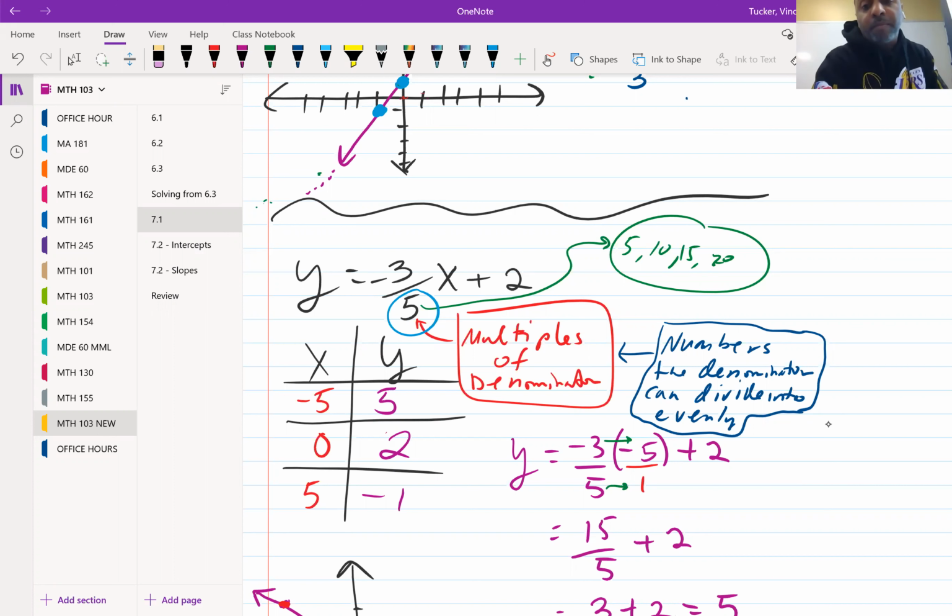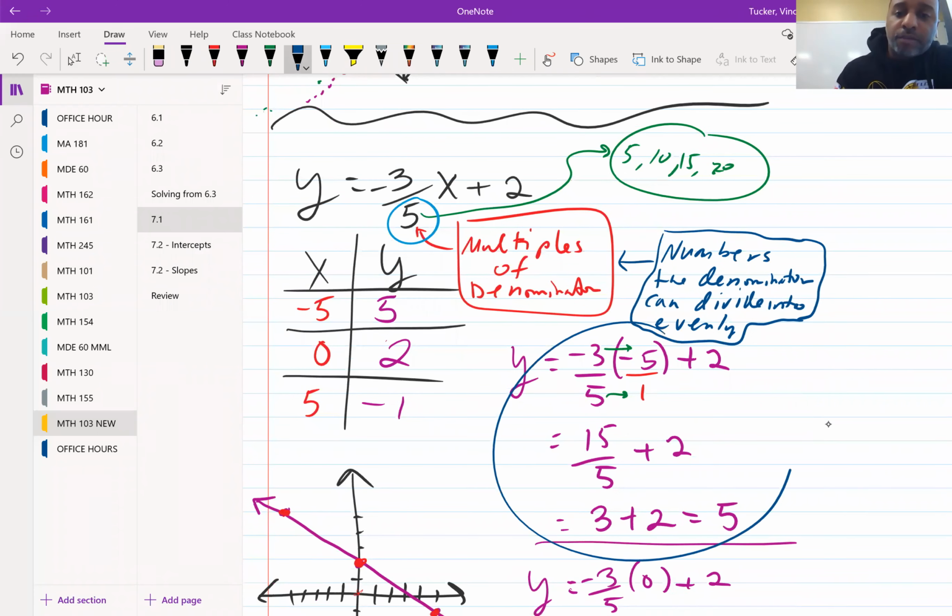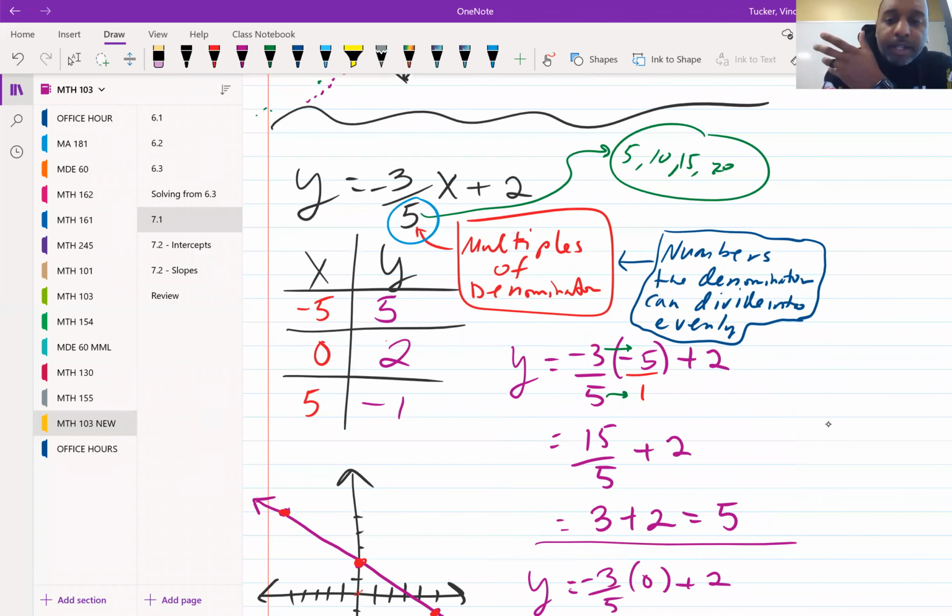and then graph. So choosing -5 is this calculation right here. I did -3/5 times -5 plus 2. Now, if you wanted to cancel first and then multiply, you could. You could have canceled out your 5s and everything. But here's just a way to map it out so everybody can see what's going on.